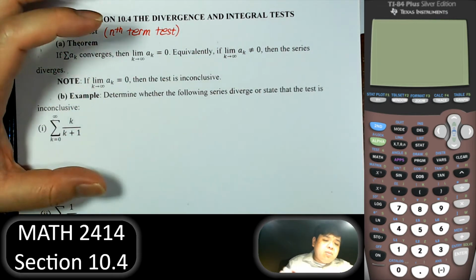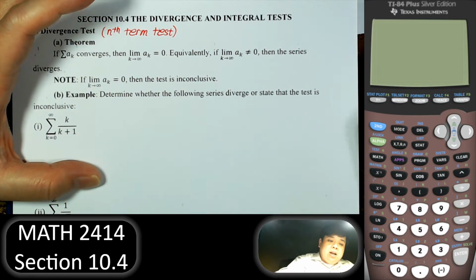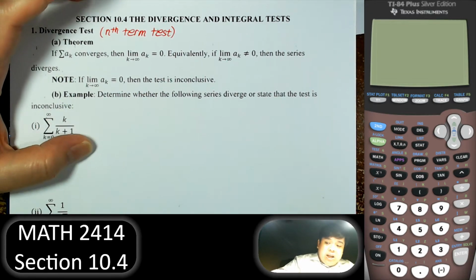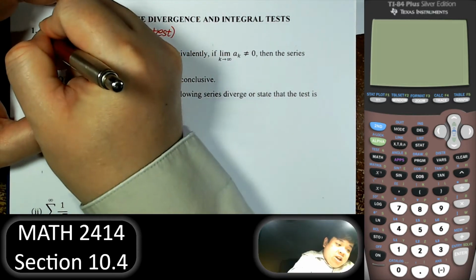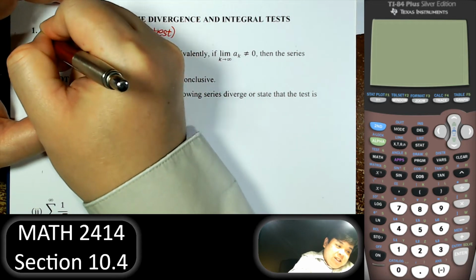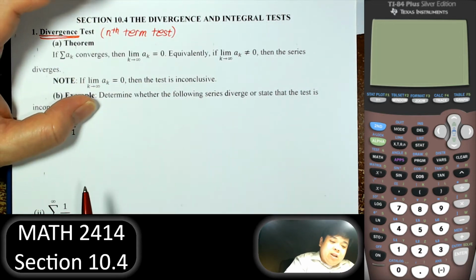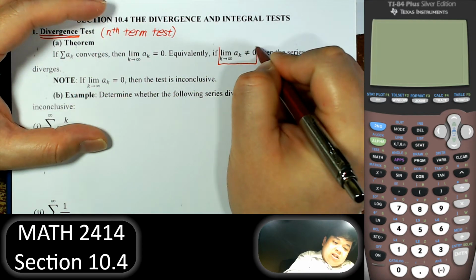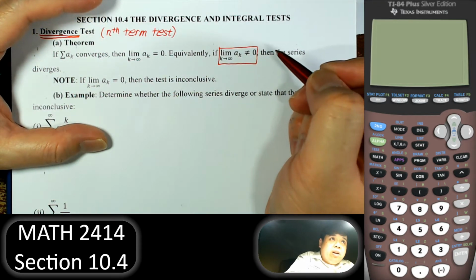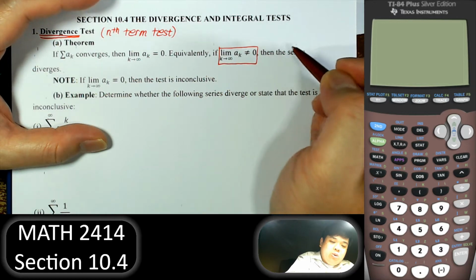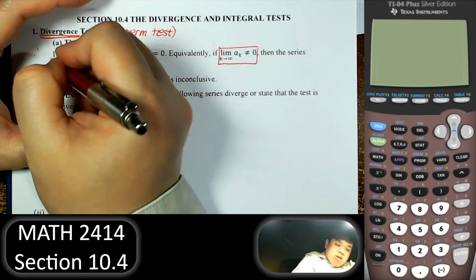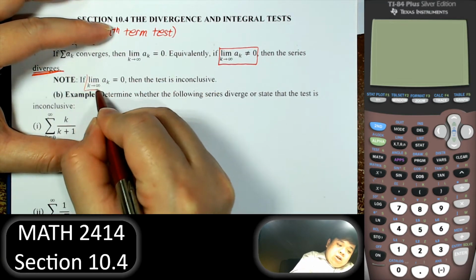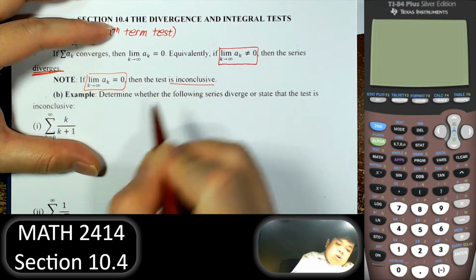So we know those two are equivalent, but this test only tells us if a series is divergent, hence the name. If the kth term does not go to 0 when k goes to infinity, then the series diverges. If it does equal 0, it is inconclusive.